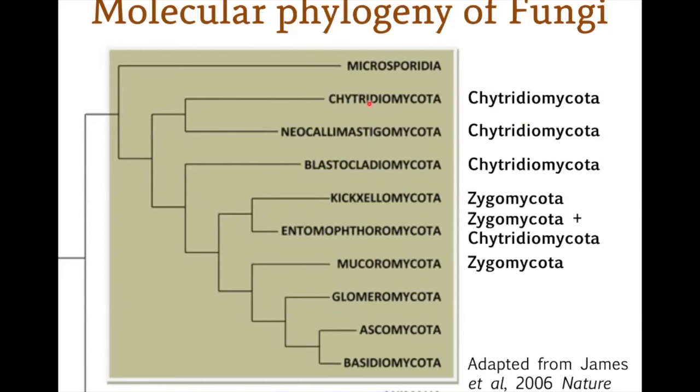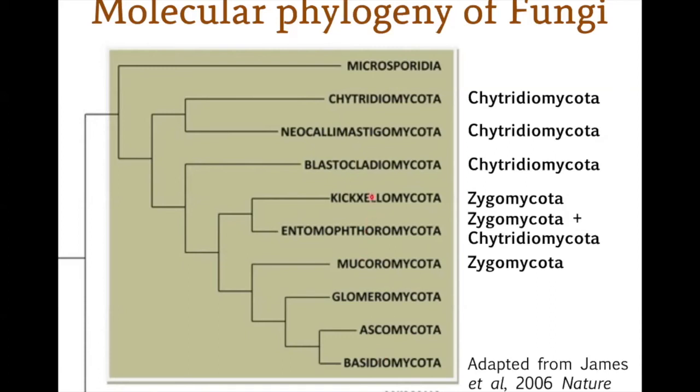If we want to make a clade that has the Chytridiomycota, we need to go back to the most recent common ancestor of all these three groups. So we go back up the tree, and that is here. This is the most recent common ancestor of these three groups of Chytridiomycota, but this ancestor also includes everything else.